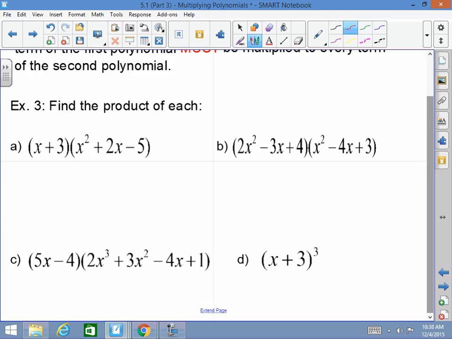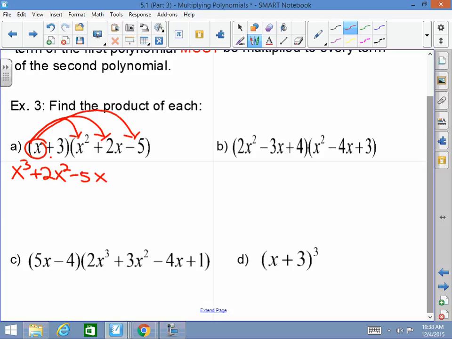I got x plus 3 times x squared plus 2x minus 5. Just like before, I'm going to take this first term and multiply it to every single term inside of the polynomial. I don't care if there's 2 terms, 3 terms, or 17 terms inside that second polynomial. I'm going to take that first term and multiply it to everything. So I'm going to get x cubed, plus 2x squared, minus 5x.